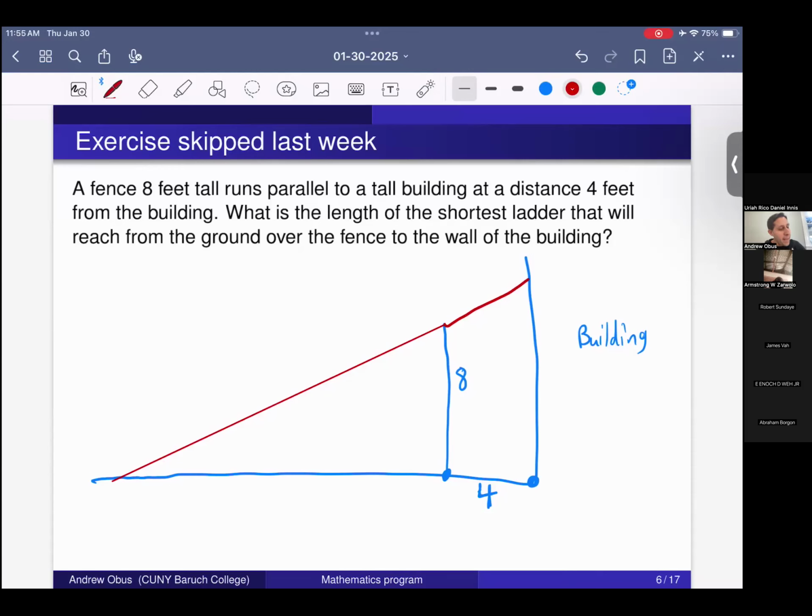And so the hint that I gave you is let X be this length over here. So basically the height on the building that the ladder hits.